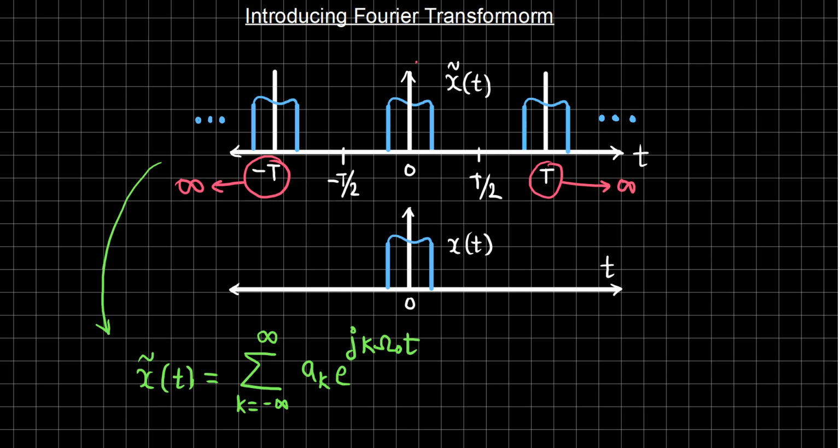This is the Fourier series representation of a continuous time periodic signal, and we know this omega naught is the fundamental frequency, that is 2 pi by T naught, where T naught or T here is the period.